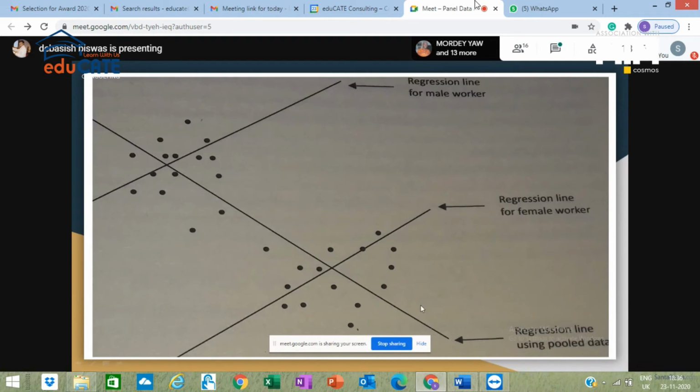Based on the least square method, the regression line will be in this fashion. Obviously your line will be like this, because the points are at the closest distance from this line.